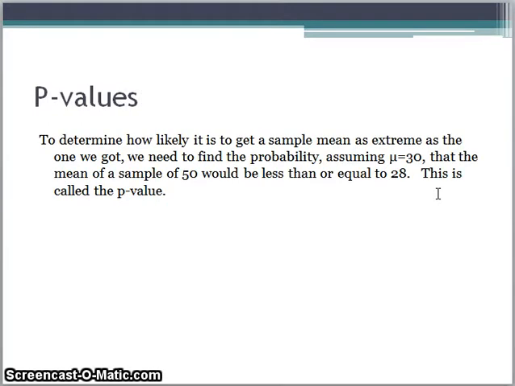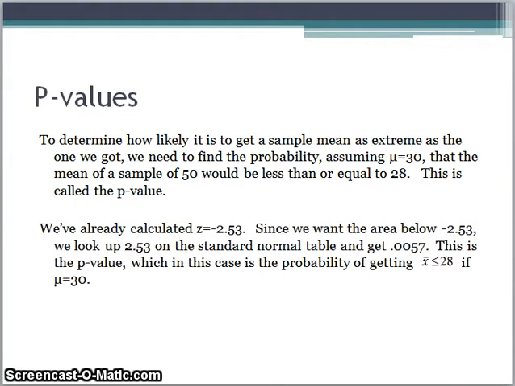The next thing we need to talk about are p-values. So what we want to do for the p-value is find how likely it is to get a sample mean as extreme as the one we got if we assume that the population mean is as hypothesized. So we need to find the probability, assuming mu equals 30, as in the null hypothesis, that the sample mean of 50 observations would be less than or equal to 28. That's the p-value.